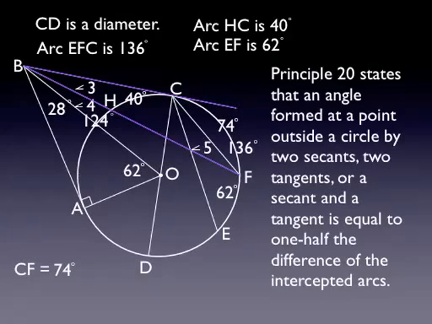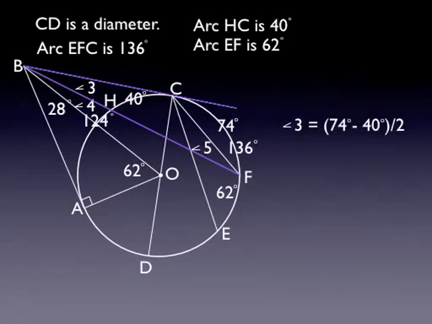Now we can solve for angle 3. Angle 3 is 74 degrees minus 40 degrees, divided by 2. 74 minus 40 is 34 degrees, divided by 2 is 17 degrees. So angle 3 is 17 degrees.